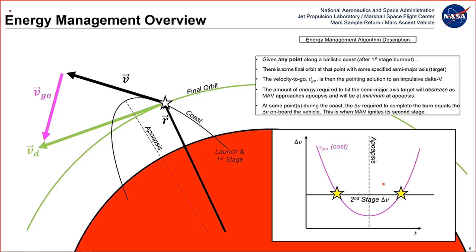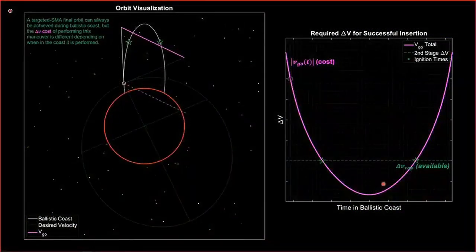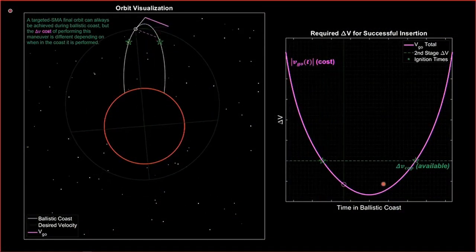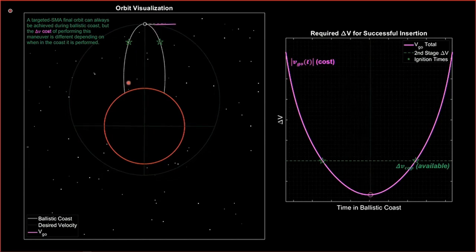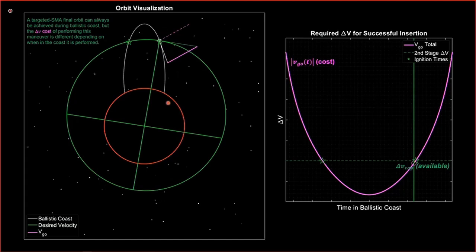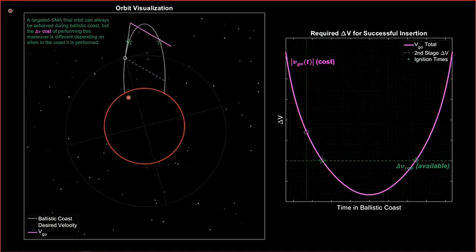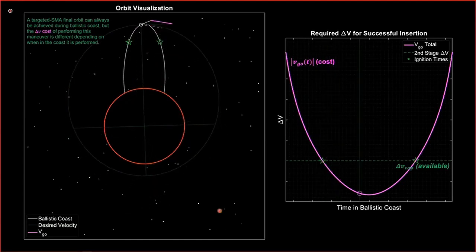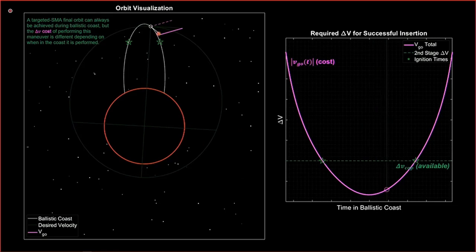I've got a visualization of this to show what this looks like over the course of a ballistic arc. This is obviously very exaggerated. This is certainly not the ballistic arc that we're going to be trying to hit with first stage on MAV. But as you can see, this faint green orbit here is actually a constant semi-major axis orbit.